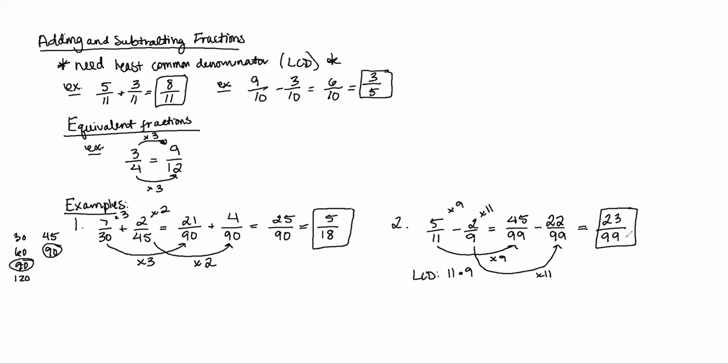All right, so now one more example. Let's go ahead and look at 2 3/8 minus 1 1/2. So this is one with mixed numbers, works the same with addition.